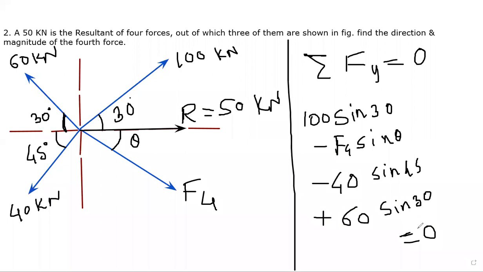Yes, please find out the value of F4 sin theta. 51.72. How much did you get? 51.72, 51.71.